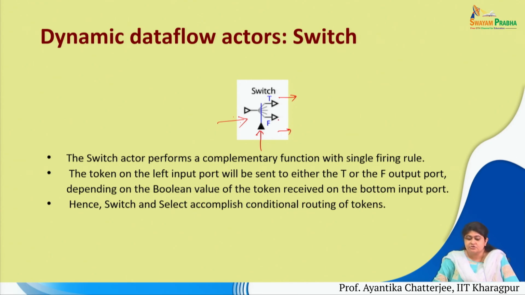Okay. So, the token on the left input port will be sent to either the true output port or the false output port, depending on the Boolean value of the token received on the bottom input port. So, switch is basically just doing the reverse of the select actor.